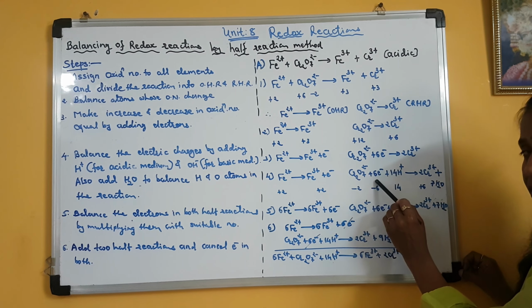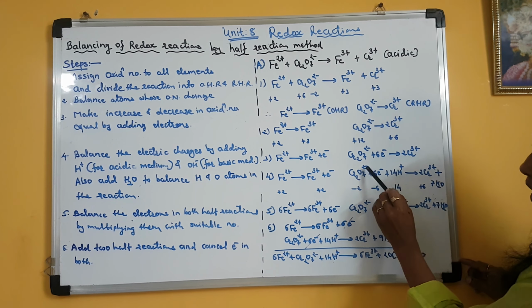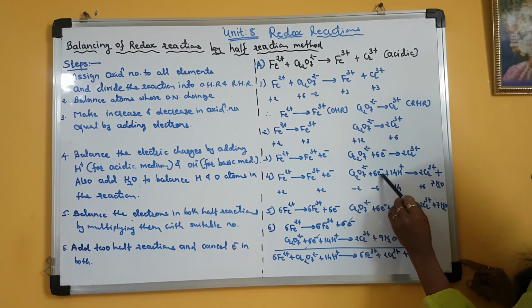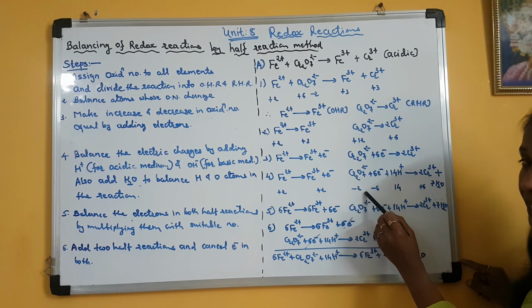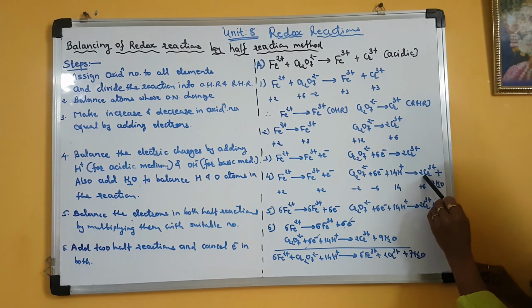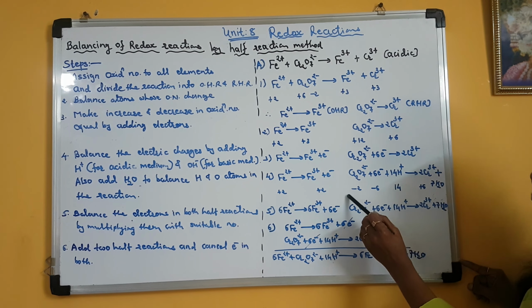But in the reduction reaction, the charge here is -2 and -6. Forget about H plus. -2 and -6, so it is -8. On the product side, 3 2s are 6, +6 charge. So here it is +6, here it is -8.